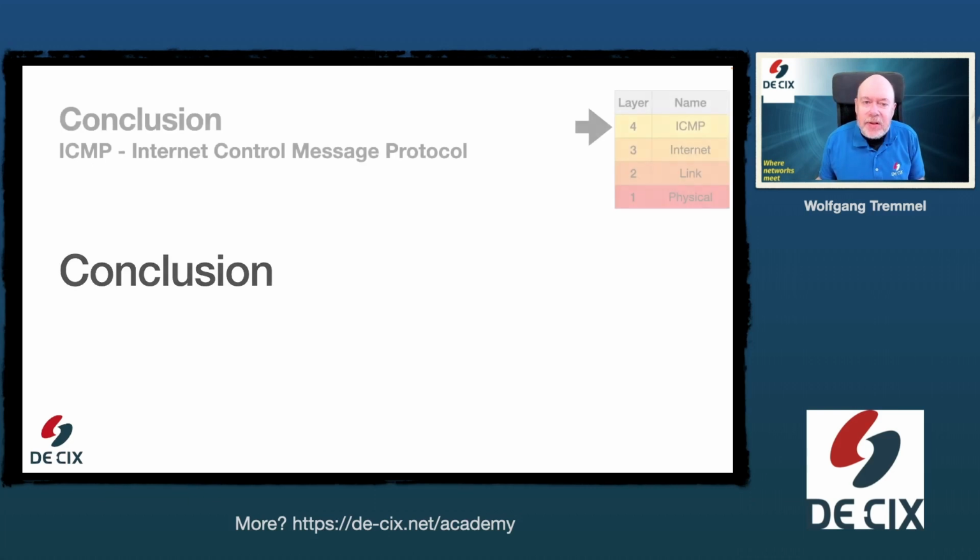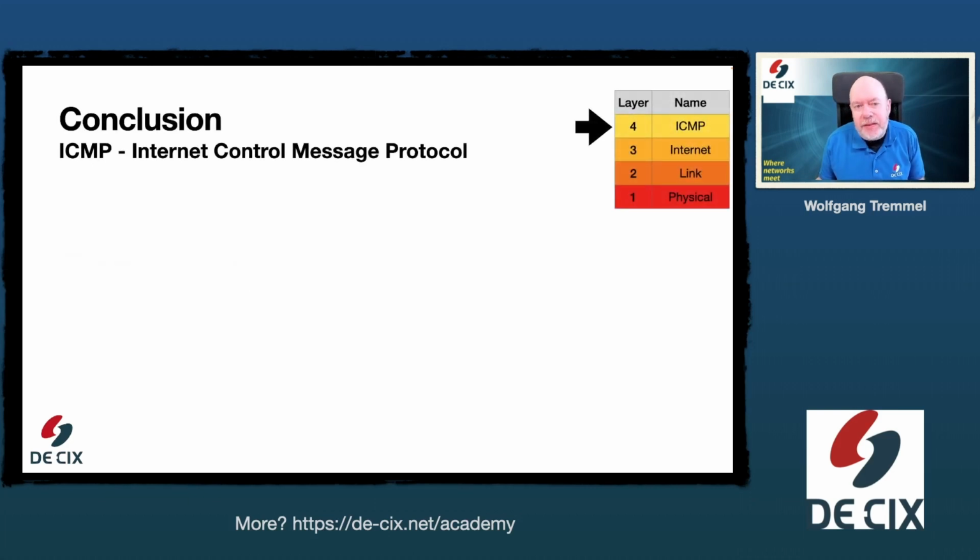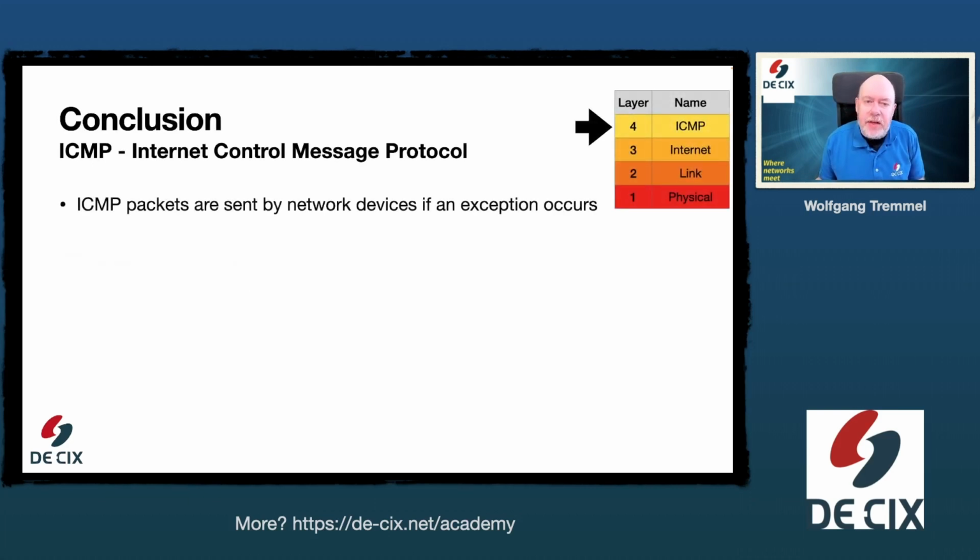Conclusion. What did I talk about today? I talked about ICMP and Traceroute. ICMP packets are sent by network devices if an exception occurs, and Traceroute uses that to show a path of routers towards a destination.